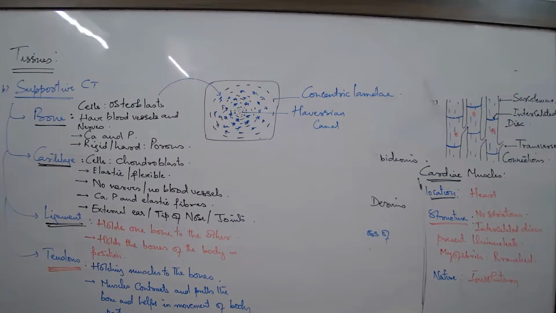Then number 5 is the node of Ranvier. Can you see the broken part of the axon? Yes, so that is number 5, node of Ranvier. Number 6 is nucleus, that is fine.